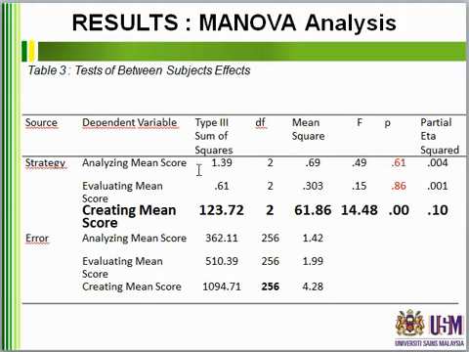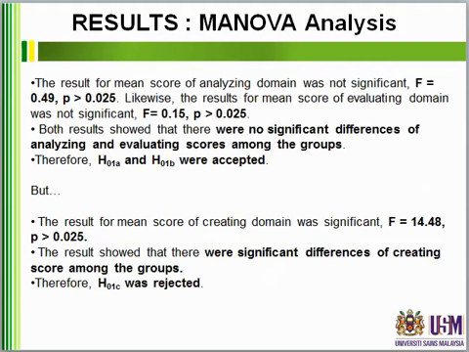But the analyzing and evaluating domains are not significant. This leads us to conclude that for the analyzing domain, which was not significant, and for the evaluating domain, which is not significant, both results showed that there were no significant differences of analyzing and evaluating scores among the groups.